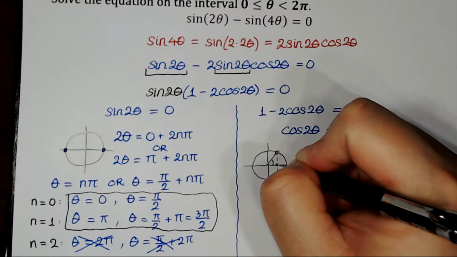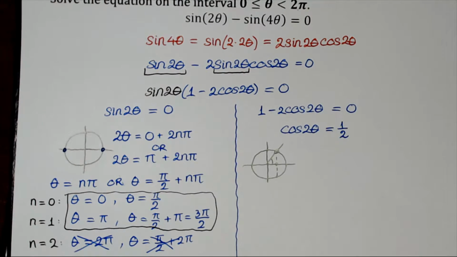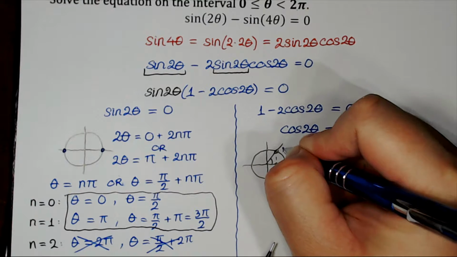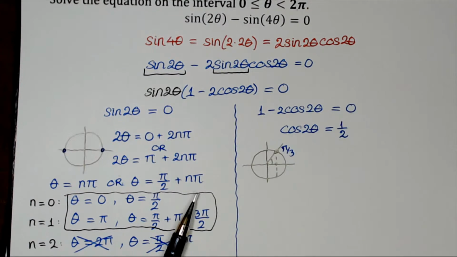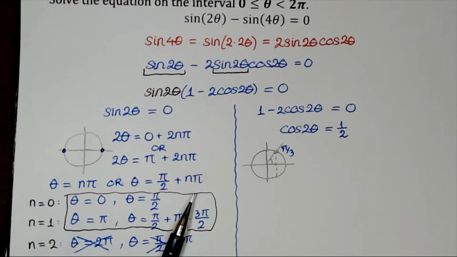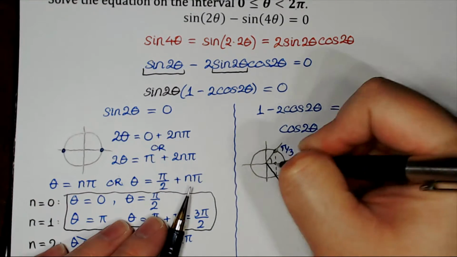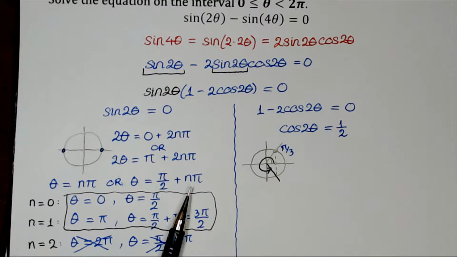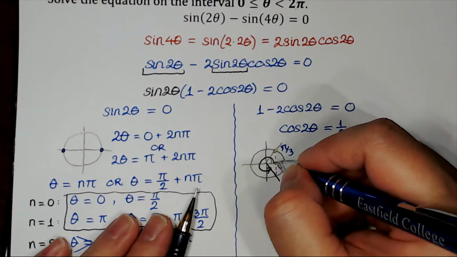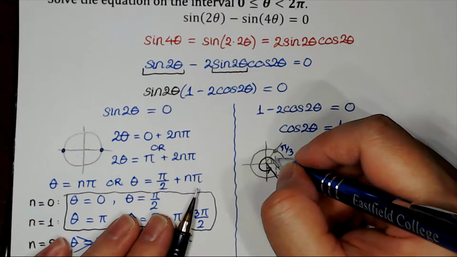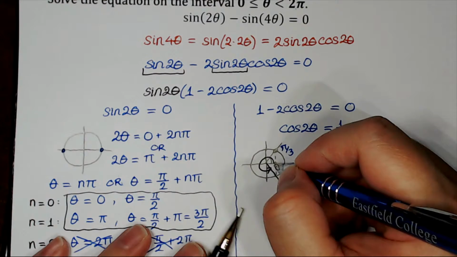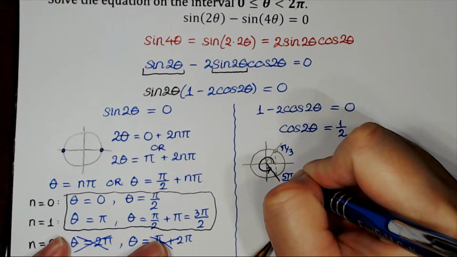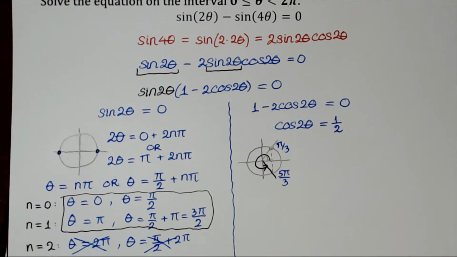One is here, which is pi over 3. Or we can go all the way here. If this is pi over 3, then we have minus pi over 3, and add 2 pi to it, we have 5 pi over 3. So we have two answers here.